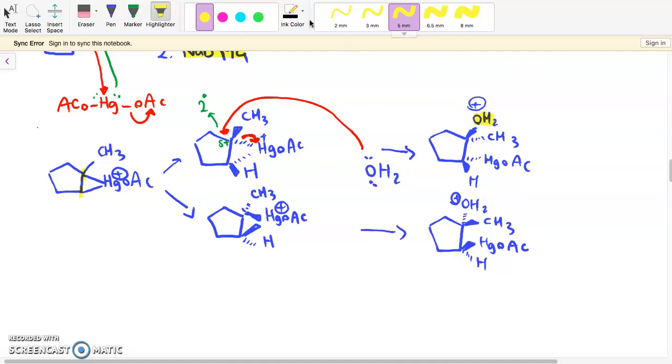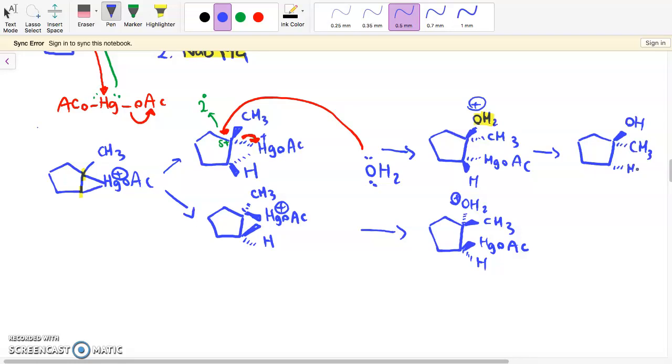This is not really stable or happy. So what happens is that because we have a conjugate base around, it's just going to get deprotonated. And same thing for the second intermediate.